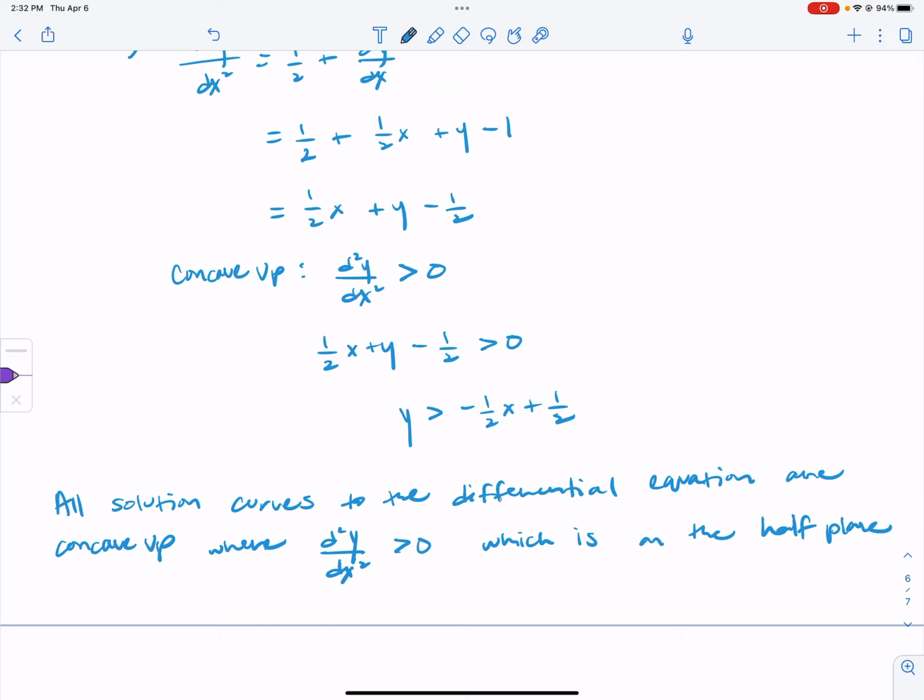The line y equals negative 1/2 x plus 1/2 divides the xy plane in half.